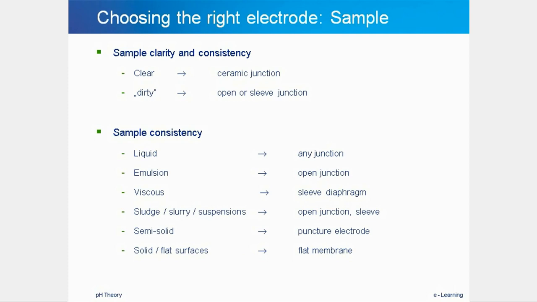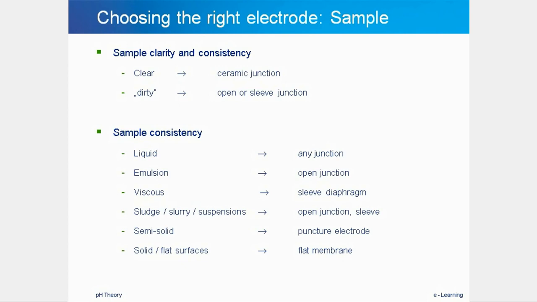A few examples of the relationship between sample and pH electrode properties are given in this slide. If a sample is clear, the ceramic junction is a good choice for the electrode, but if the sample is dirty like a suspension, an open or sleeve junction is better. The consistency of the sample is important too. If the sample is a non-viscous liquid, any type of junction will do, the standard ceramic junction will work fine.